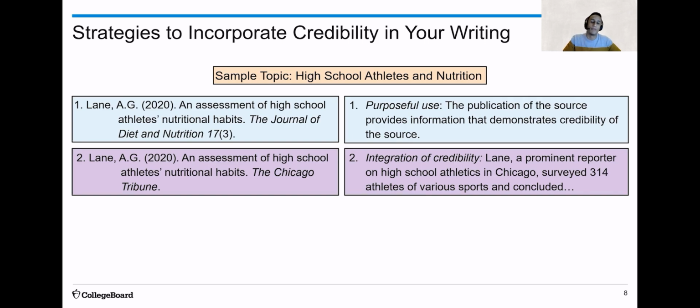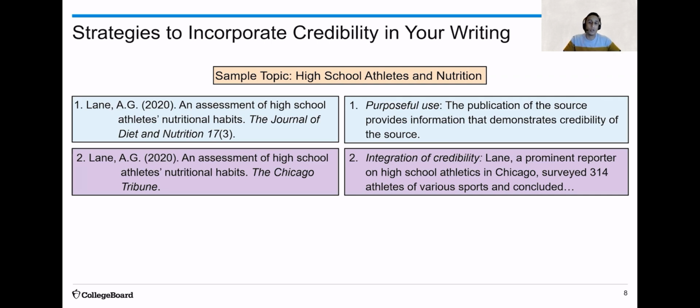Now for that purple box under number 2, for integration of credibility, given that this source is being published in a newspaper and not necessarily an academic journal, I'm going to want to give a little bit of credibility to who that author is. So in this case, I have Lane, a prominent reporter on high school athletics in Chicago, surveyed 314 athletes of various sports and concluded the following.